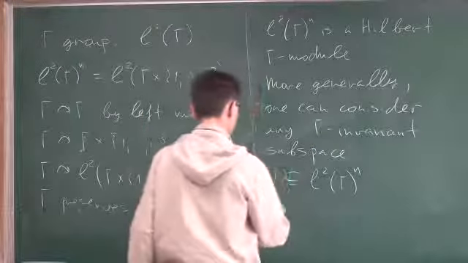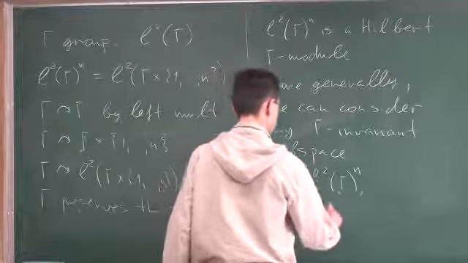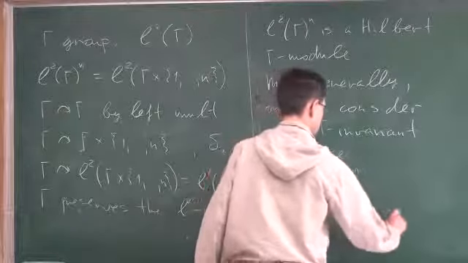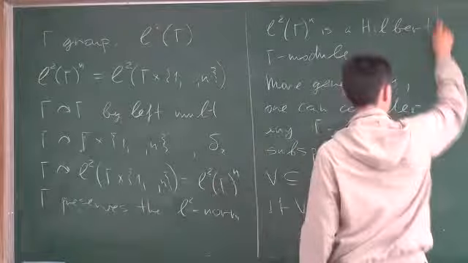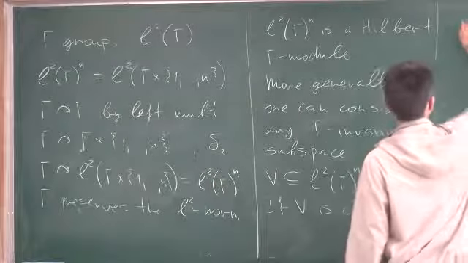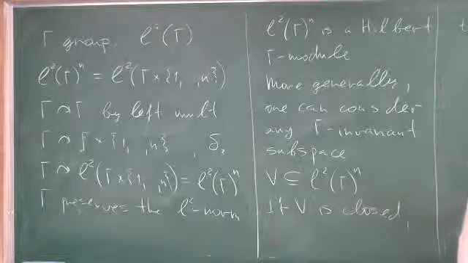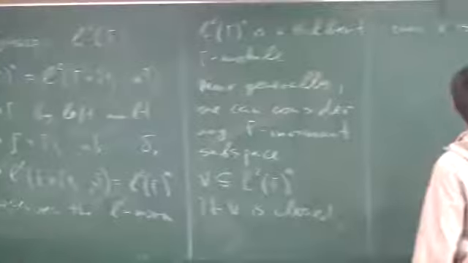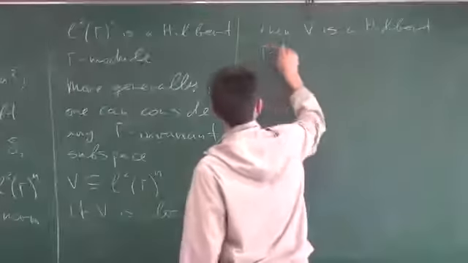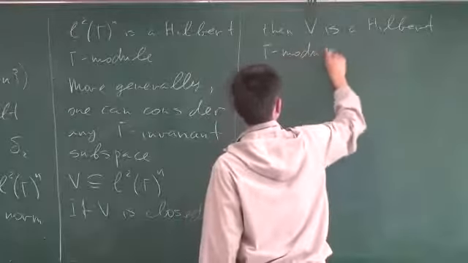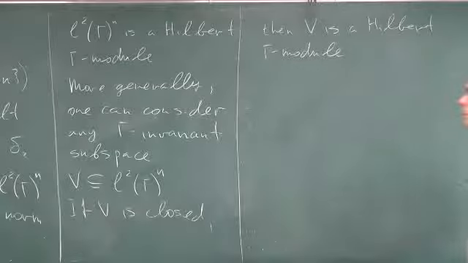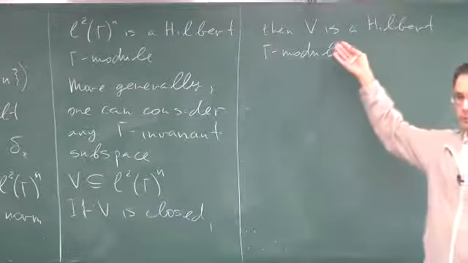So if V is closed, then this is our definition. Then V is again a Hilbert gamma module. And for all our purposes, pretty much, this can be taken as the definition of a Hilbert module.